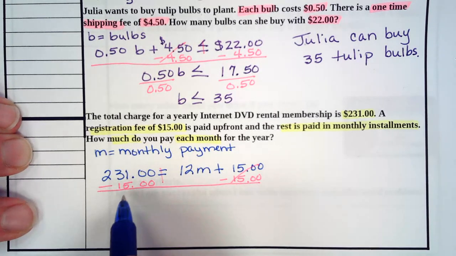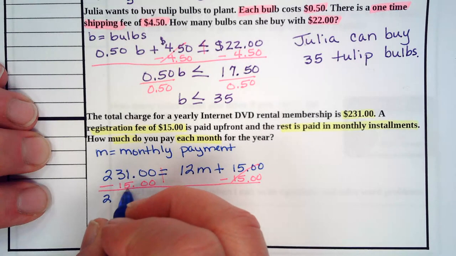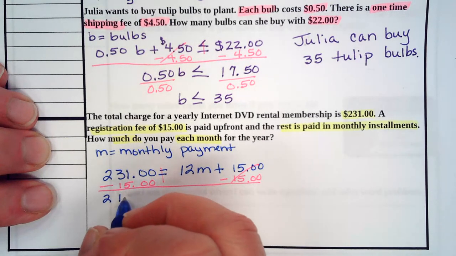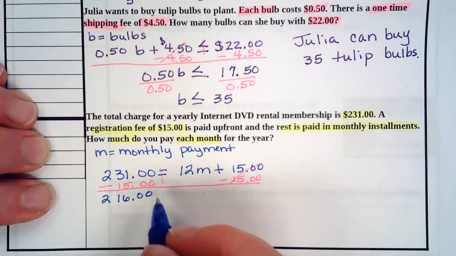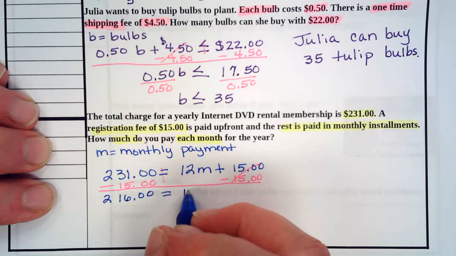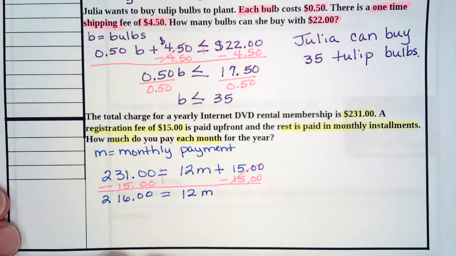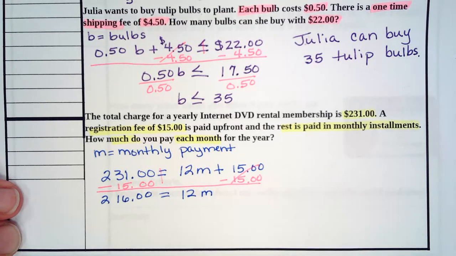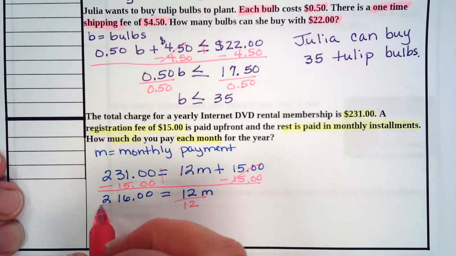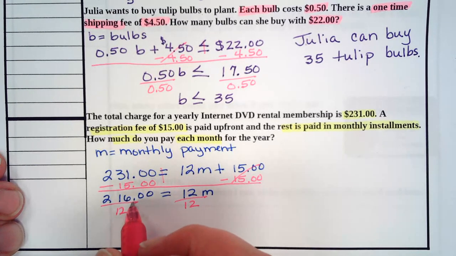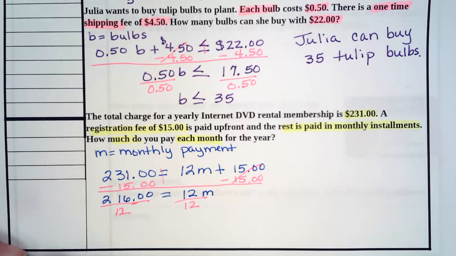Okay, 231 minus $15 is 200. 31 minus 15 is 16. Is equal to your 12 monthly payments. Last step is to divide by 12. Okay, this time I'm not going to try to work it out in my head.